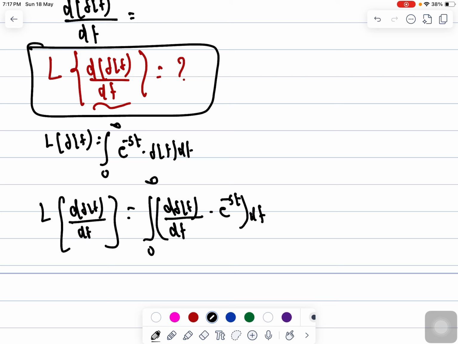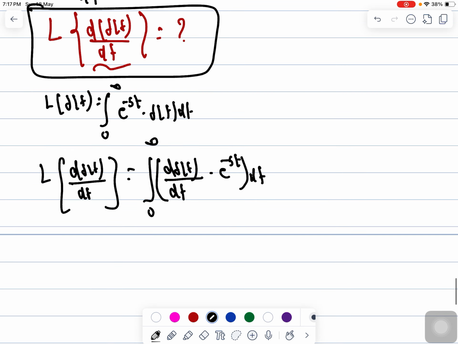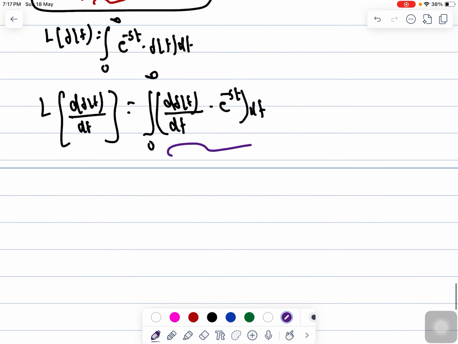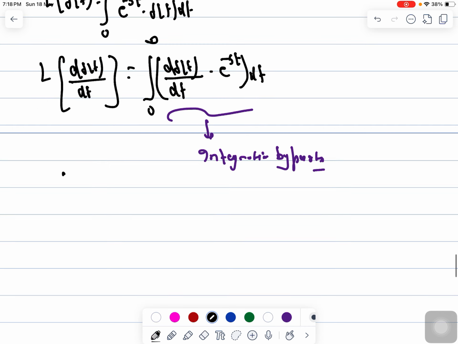Now here you will see you can use integration by parts, because this is the integration of two functions. Let's assume u is equal to e to the power minus st and v is equal to f(t), something like that.